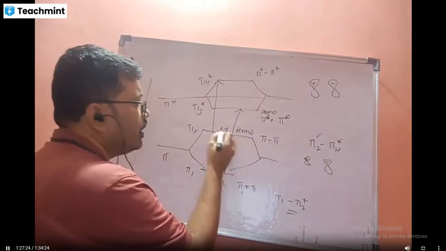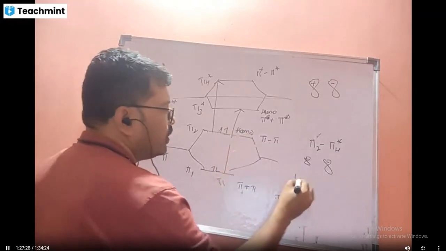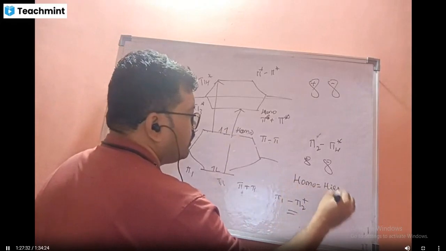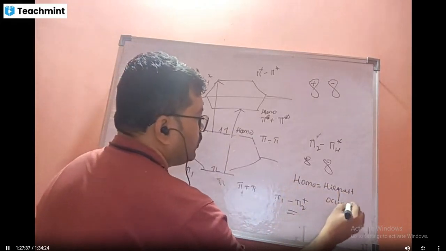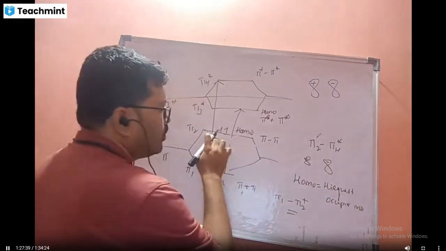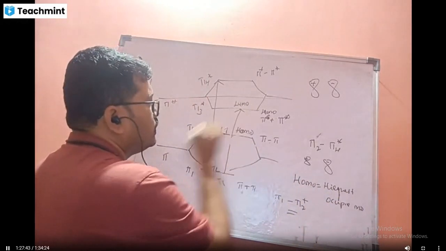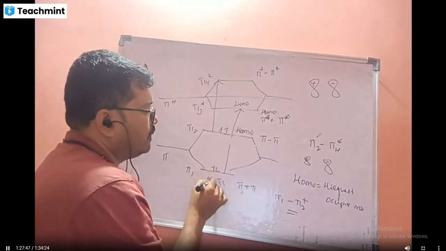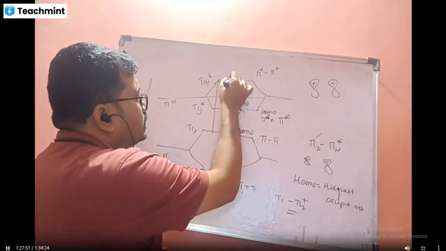This is the highest occupied molecular orbital, HOMO. The highest occupied molecular orbital is the HOMO. What about the LUMO? This is the LUMO.